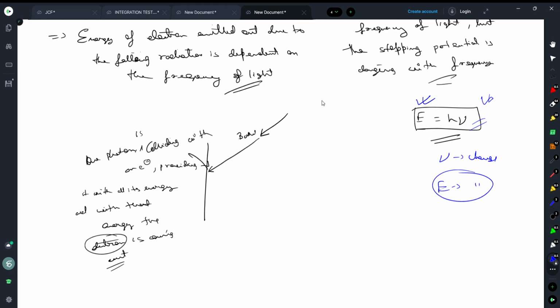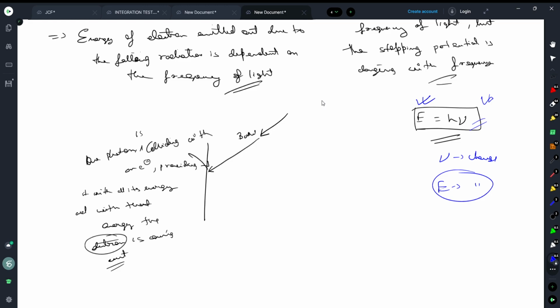Only if light behaves as a particle can we say that its energy is given by the Planck constant times its frequency. Experimentally we see that the energy changes with frequency. That means light is indeed behaving as a particle here.